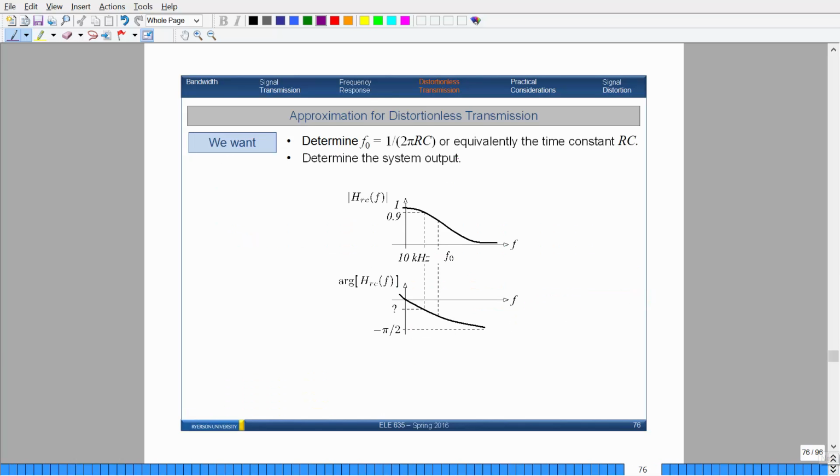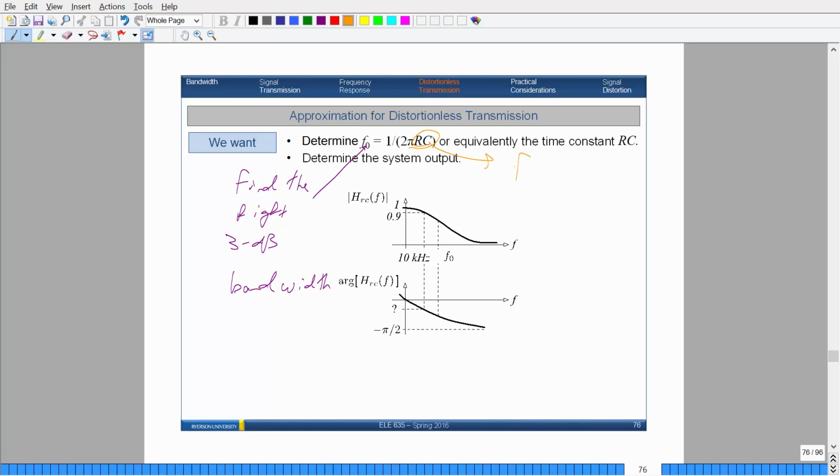What you need to do here is figure out the right 3 dB bandwidth. How exactly do you find the right 3 dB bandwidth? Well, it's characterized by the resistance and the capacitance of the RC system.